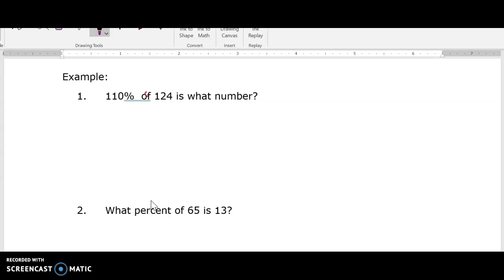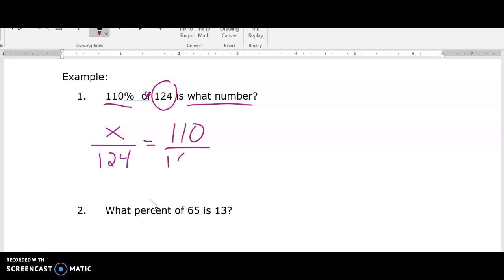Remember that "of" is times. 110% is larger than 100%, so my answer is going to be larger than 124, and I'm going to keep that in mind. So it says what number of 124 is, and remember we write 110 like that.